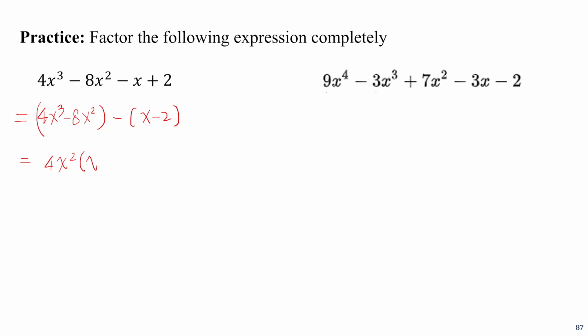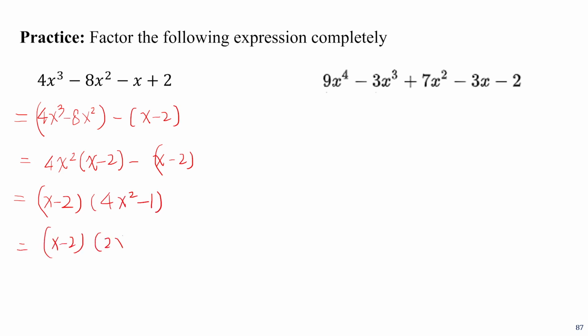Then we have a x minus 2 here. Then in our next step, x minus 2 is a common factor. And note that we can further factorize 4x squared minus 1, right? Which is 2x plus 1 times 2x minus 1, right?